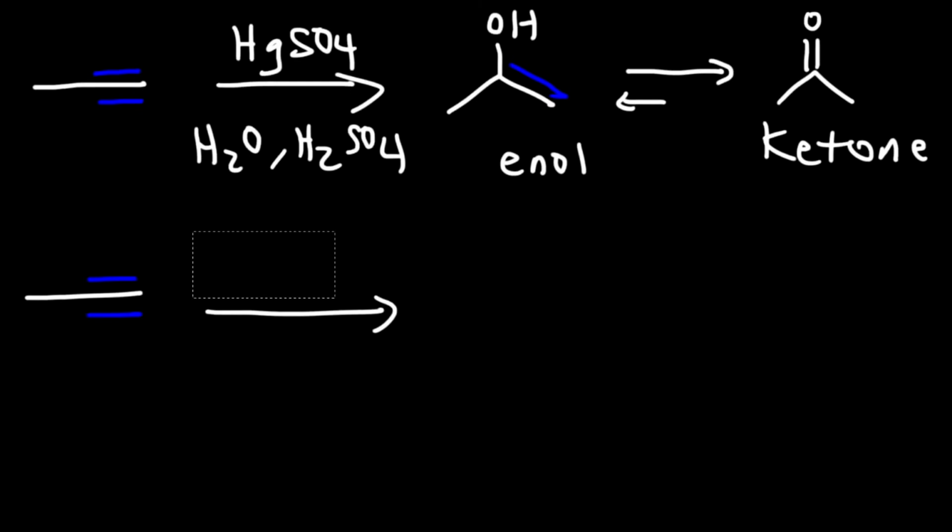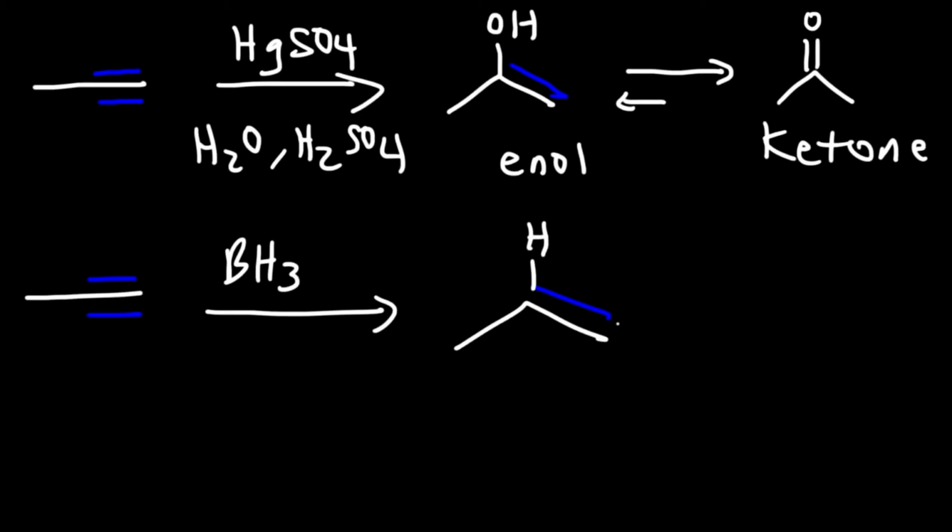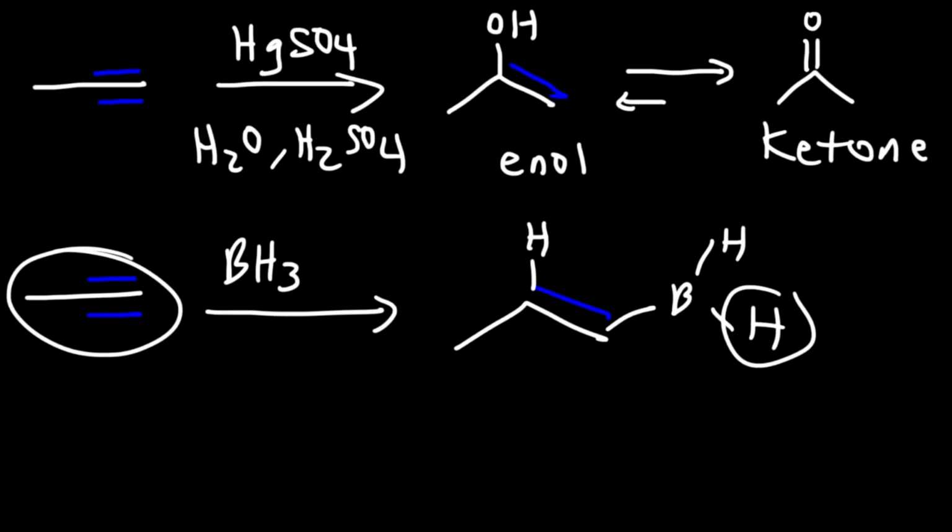with a terminal alkyne twice. So let's say if we react this with BH3. So first, it's going to go down to a double bond, and we're going to add a hydrogen and a BH2 group here. Now I'm going to write BH2 like this because depending on where you are in the course of the reaction, this can be an H or it can be an R group where it reacts with another molecule such as that.